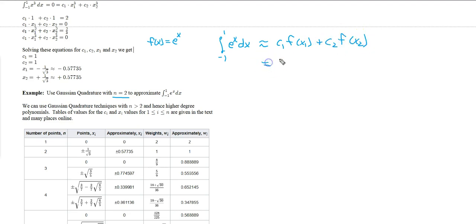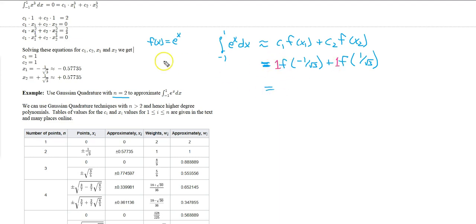now we found that our c1 is 1 and x1 is negative 1 over root 3, so this is going to be, see the c1 is 1 right here, and the c2 is 1.